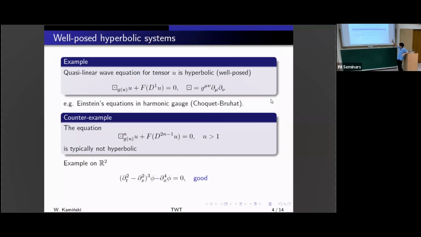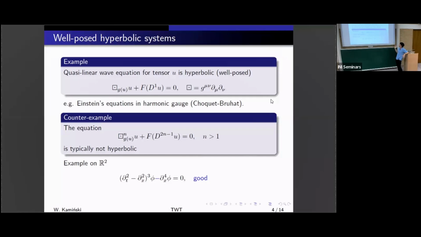The first one is the most basic example that everyone knows of a quasi-linear wave equation. The leading order, so the highest derivatives, is given by this box dot, which is like the d'Alembertian but in coordinates, acting on the field. This metric can depend on the field U, and there are plus some lower order terms that I will usually denote by three dots. This is a known example.